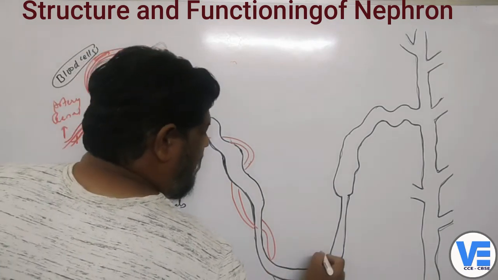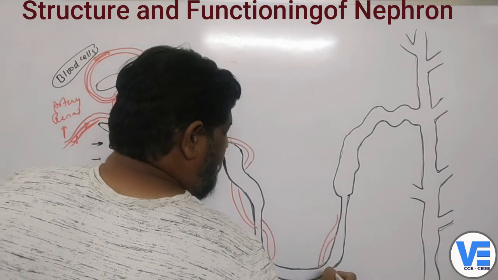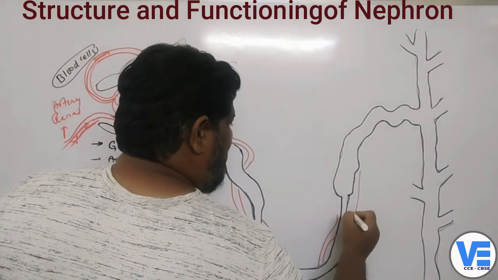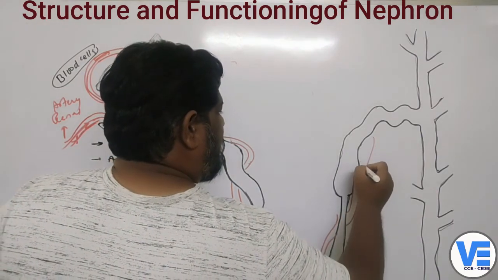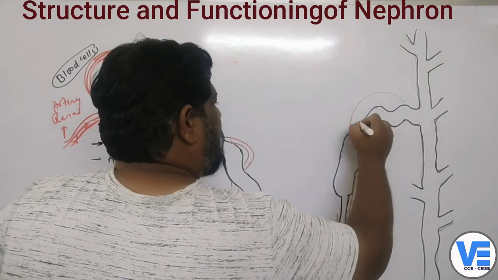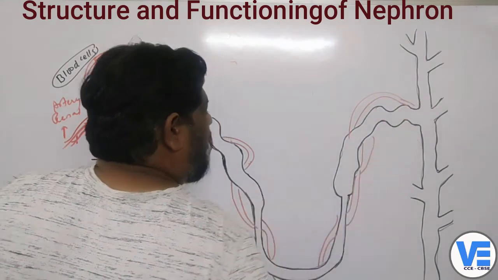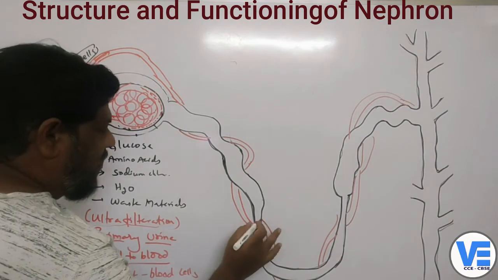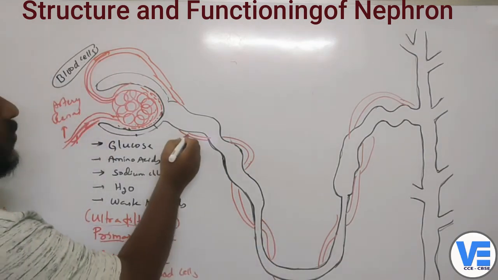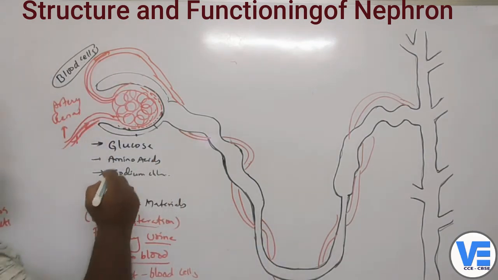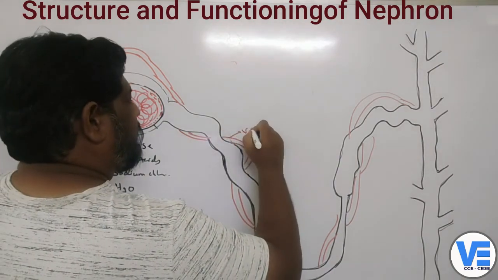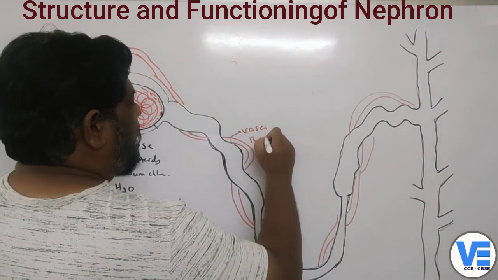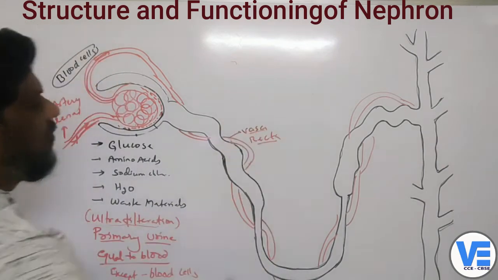So it will keep on going parallelly. This one is also called the vasa recta.